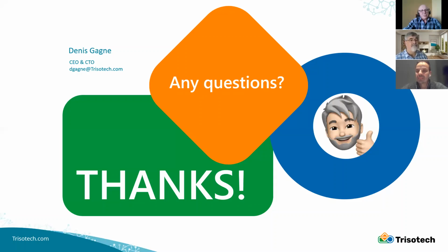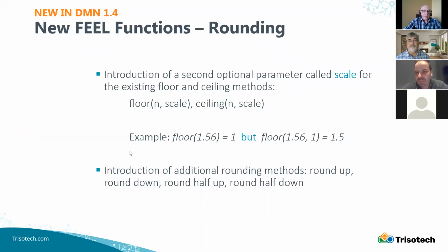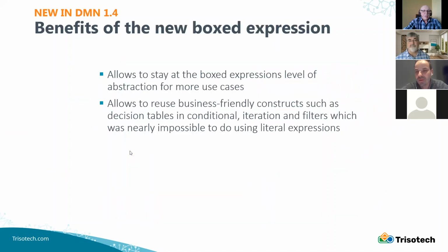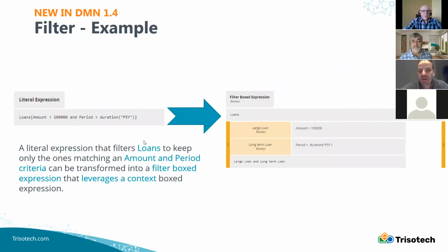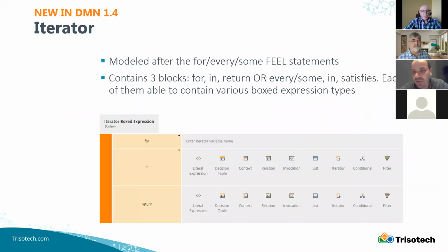So the question was more specific about whether 1.4 allows embedded loops, embedded iterators. Jacob, I would like to clarify. Actually, the question was related to a very concrete screenshot which Denis was showing, where he showed that the if expression was allowing in its condition part to put an iterator. So I'm wondering, because let's say if I embed the literal expression, context or a decision table, it can all return me a Boolean value, which makes sense.